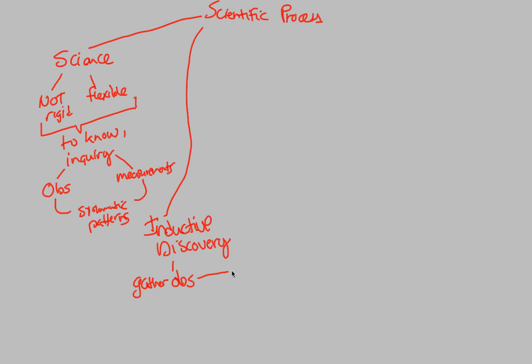And once you take those observations, you're going to inductively create conclusions based off of those observations. Another way to look at this is that when doing science, you're going to be taking down lots of observations. And what are you going to do? You're going to take those big, broad observations and you're going to make generalizations.